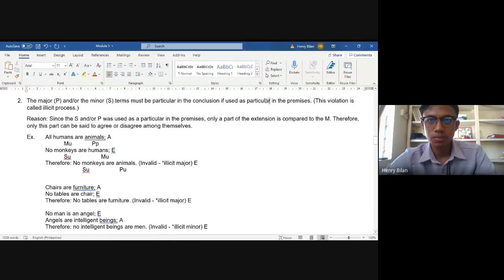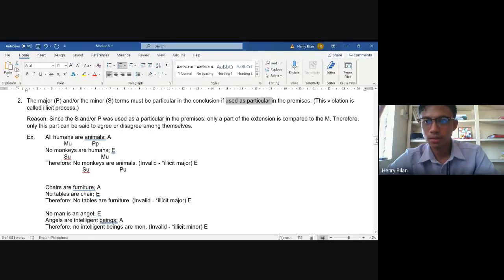If the term is used as particular in the premise, huwag niyong kalimutan yung premises natin, major and minor premise, then it must also be particular in the conclusion. Pero kung naging universal yung isa, particular yung isa, magkakaroon na ng violation.